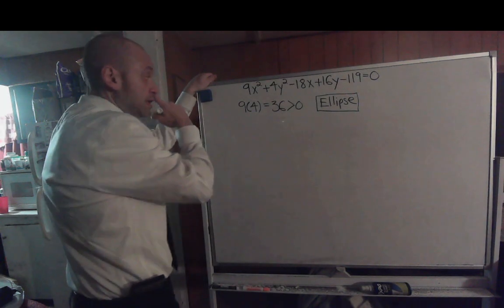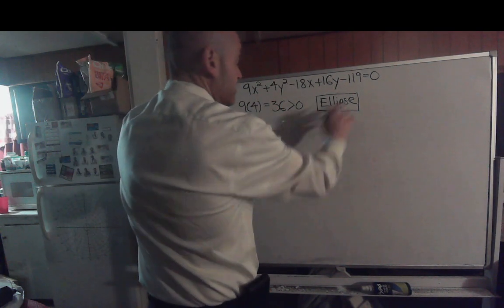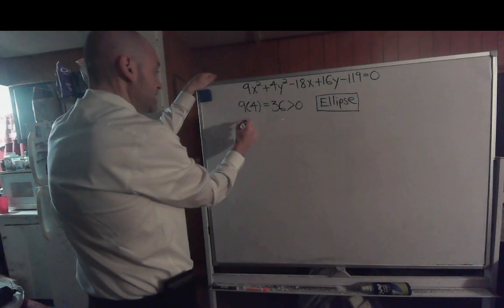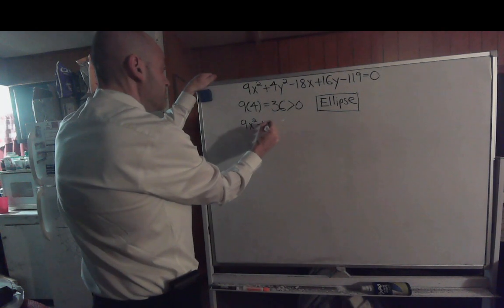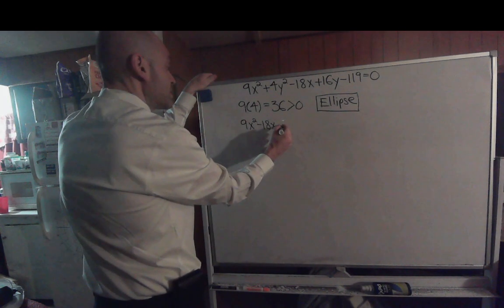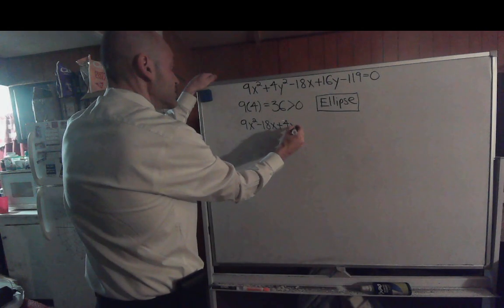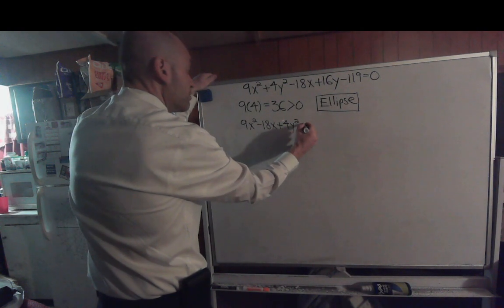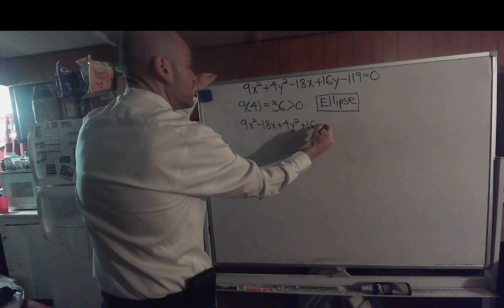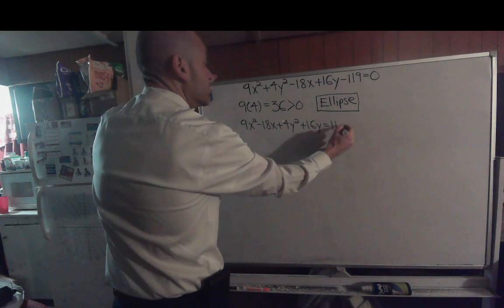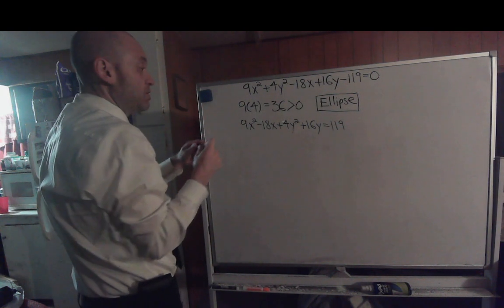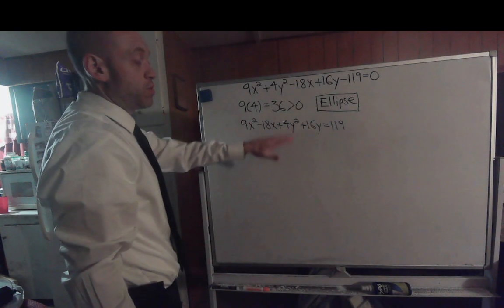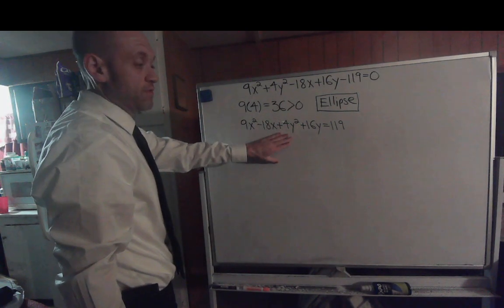So let's get the x and y terms together, get the constant term out of the left-hand side. So this would turn into 9x squared minus 18x plus 4y squared plus 16y is equal to 119. Alright, so again now, what do we know about the quadratic coefficients?